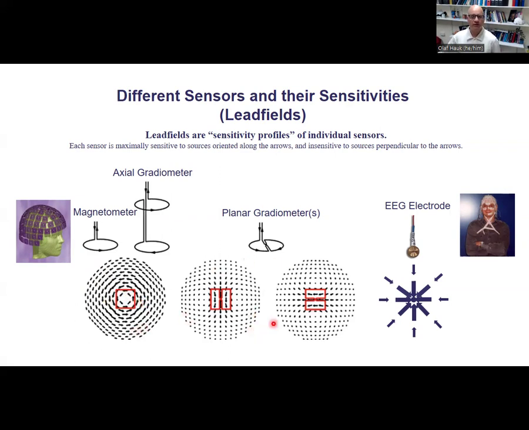And planar gradiometers have another sensitivity profile. And then EEG again has a different sensitivity profile. EEG is mostly sensitive to dipoles that point towards the electrode. So this already suggests that yes, all these different sensors pick up different types of information, but importantly, also every sensor type is insensitive to certain types of sources, like here, a source directly underneath. So you definitely need a combination of sensor types to get as much information as you can.